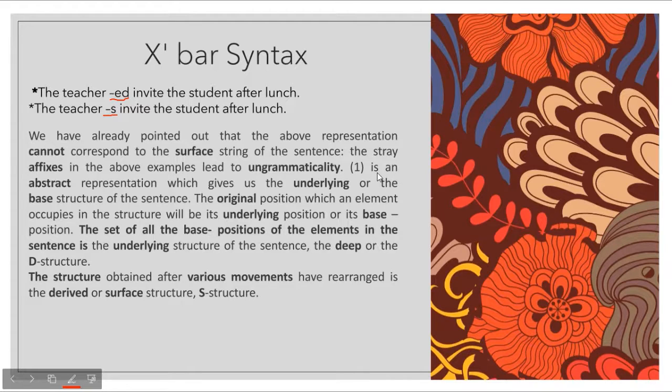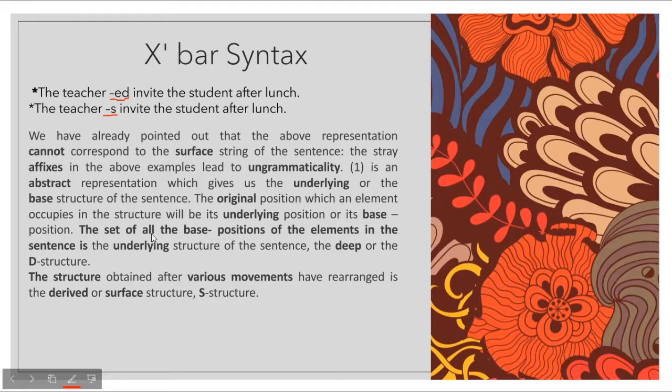One is an abstract representation which gives us the underlying or the base structure of the sentence, the original position which an element occupies in the structure will be its underlying position or its base position.